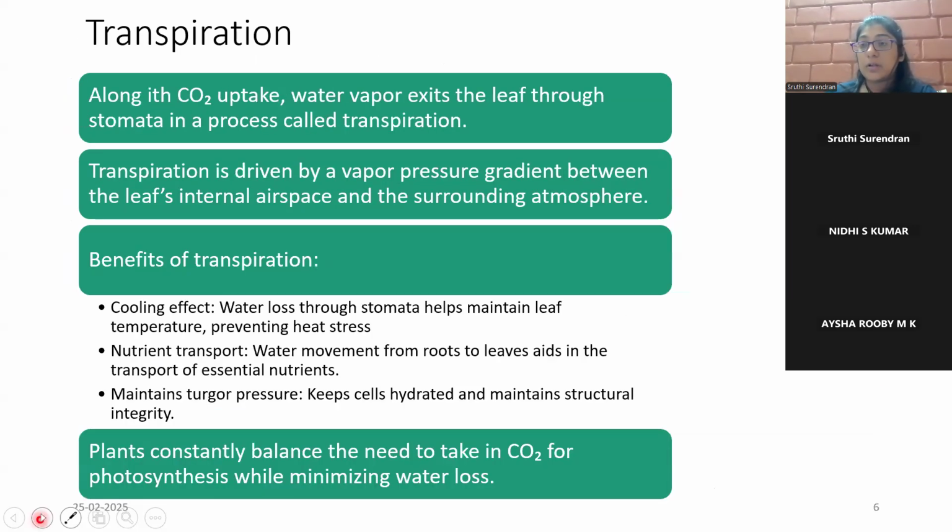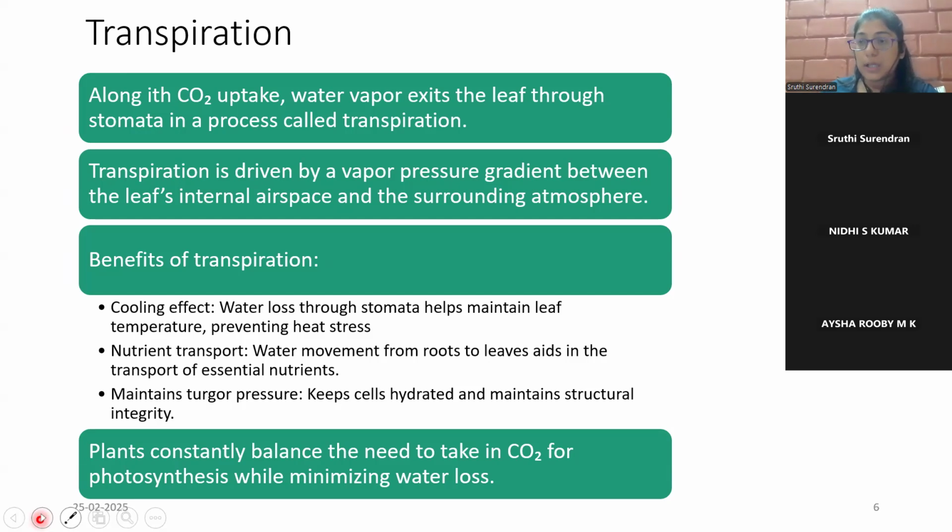Now, we talked about during photosynthesis, carbon dioxide is taken in. So, that kind of gas exchange is happening between the atmosphere and the leaf. And at the same time, oxygen is also being released out, since it is a byproduct of the photosynthesis process.